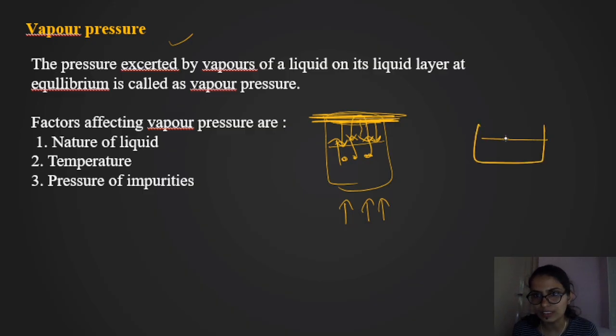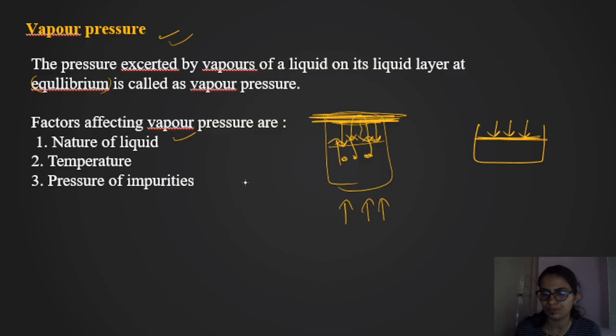And if you consider this is a water surface, the pressure created by the vapor on the surface is called vapor pressure. Simple. The pressure on the surface of a liquid which is created by the vapors itself is called vapor pressure. And generally when does this occur? In the equilibrium stage. Right?